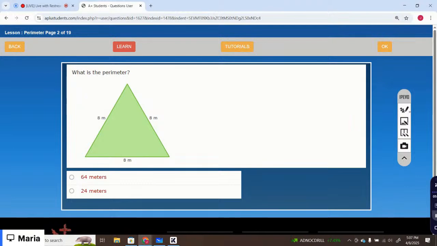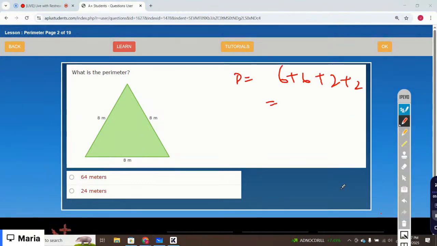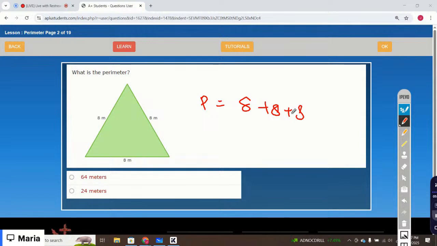So perimeter equals the sum of all the side lengths. A plus A plus A, that is 24 meters. Option number 2 is the correct option. 24 meters it is.